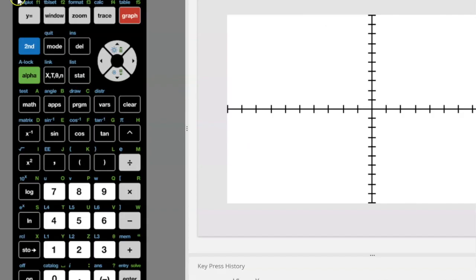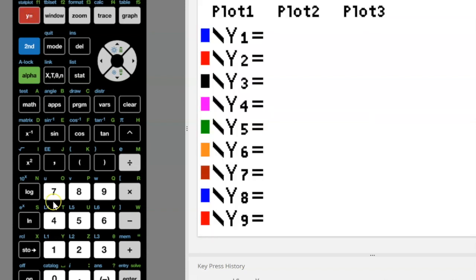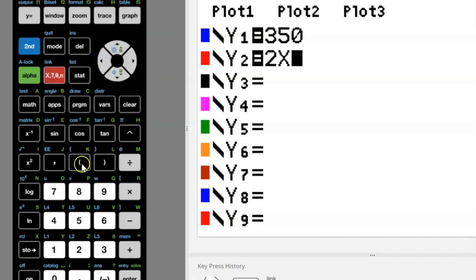Go to y equals, and you have 350, and then for y2 we had 2x times x times x plus 2, and you want to graph this.